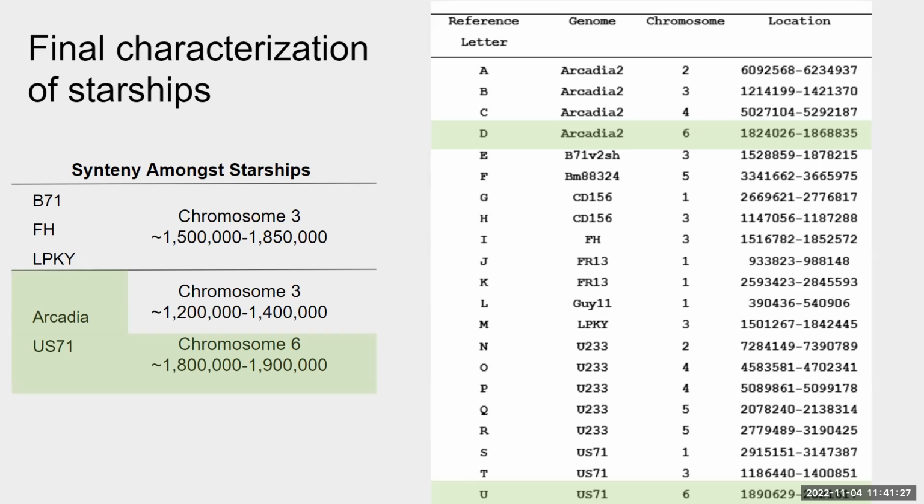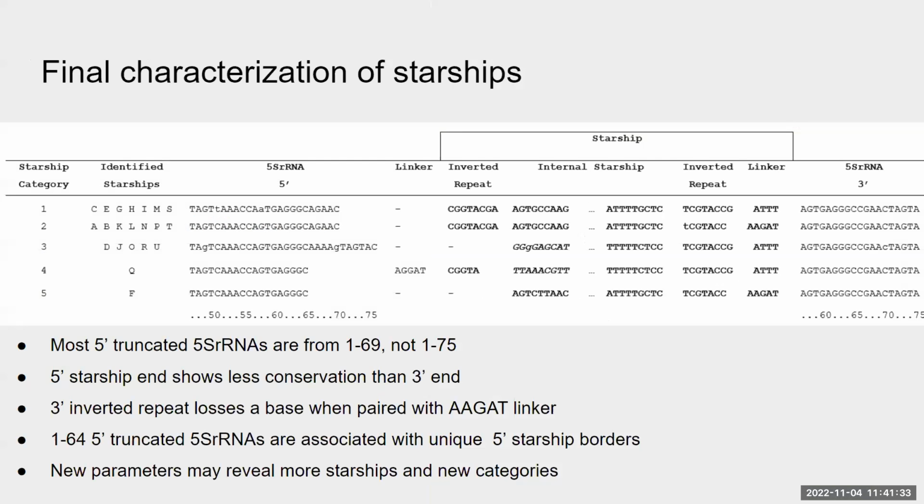After recording all starships, we assigned each starship a letter for easy reference. So here is our final characterization table. We grouped them by border similarity. So each letter represents a starship. We found that most 5' truncated 5S RNAs are actually from 1 to 69 and not 1 to 75 like we originally thought.